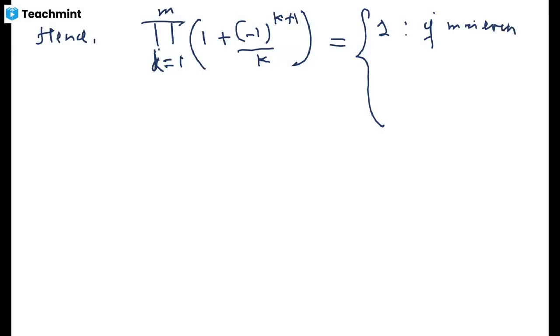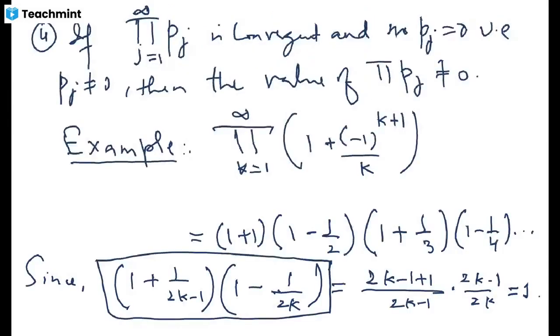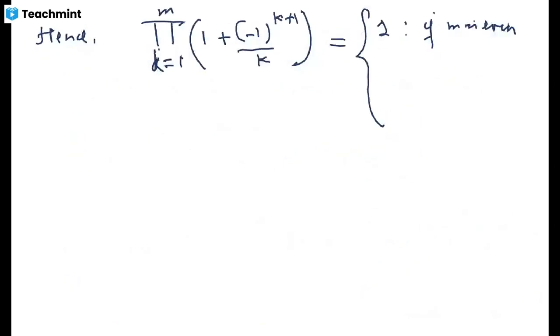Now when m is an odd number, there will be one factor which cannot be paired with any other factor, and that will be the last factor. The last factor is going to be 1 plus (-1)^(m+1)/m, because m is odd and m plus 1 will be even, so (-1)^(m+1) is 1, and you get 1 plus 1 upon m if m is odd.